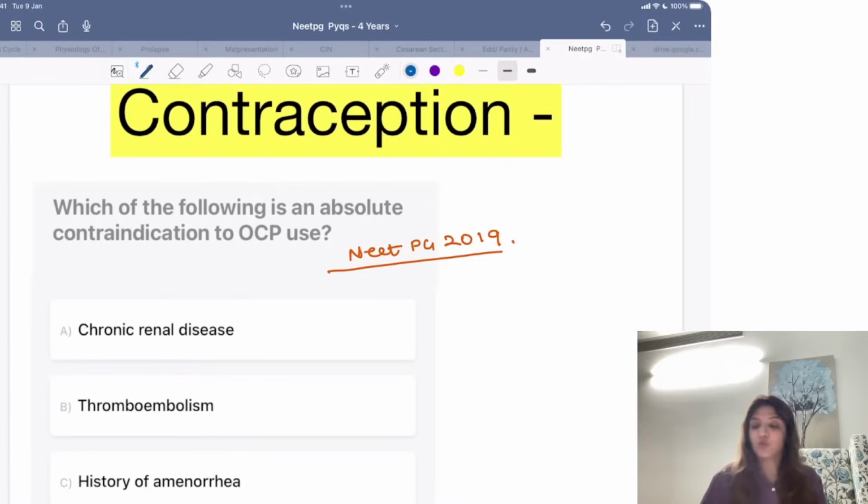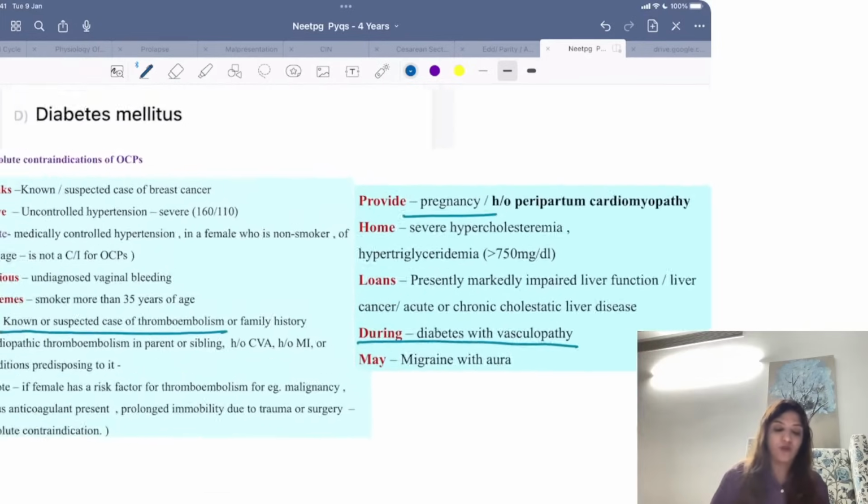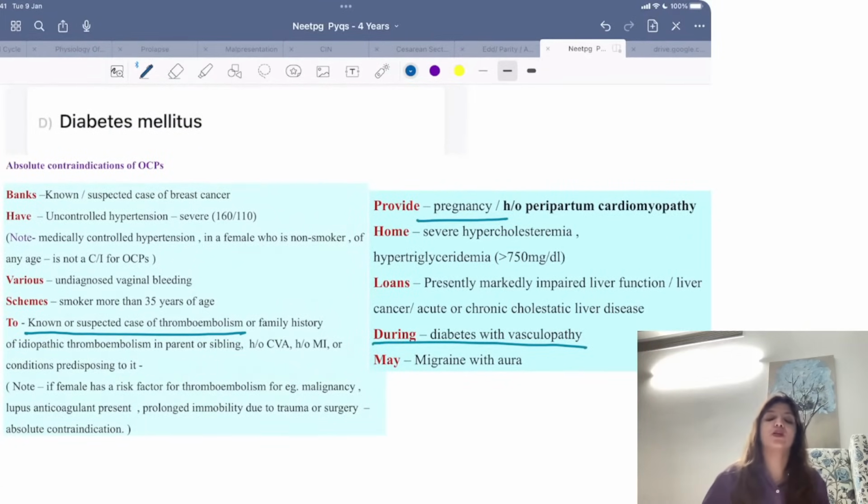Now, come to this. Which of the following is an absolute contraindication to OCP use? If you are my student, you know that the mnemonic is: banks have various schemes to provide home loans during May, right? So this is the mnemonic which you have to remember for all absolute contraindications of OCPs.